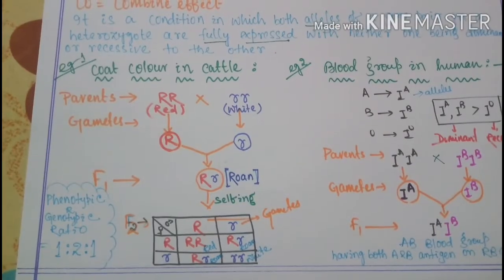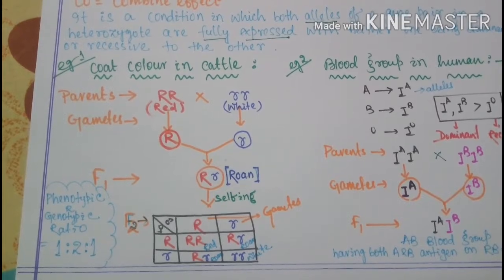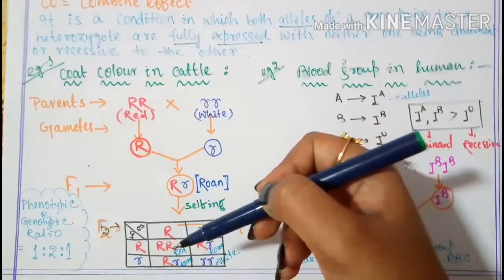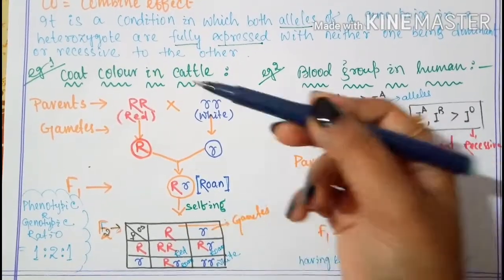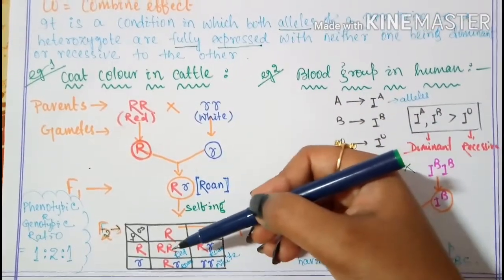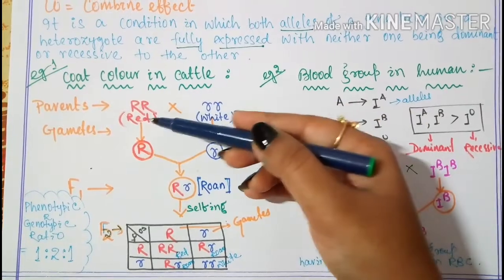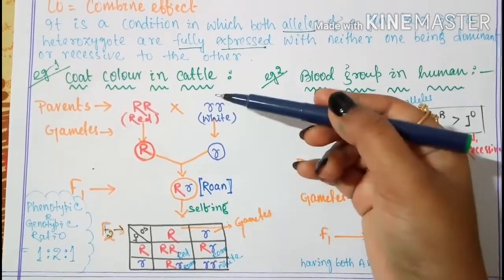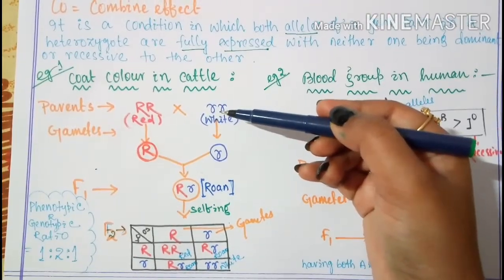By crossing F1 generation offspring, we get 4 cattle in the F2 generation. Among them, 2 are completely parental. You can see that capital R resembles one parent and small r resembles the other parent.